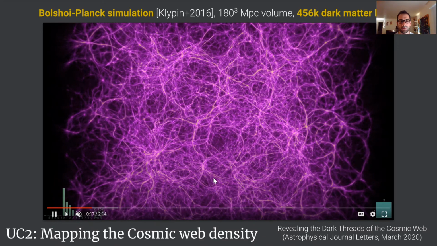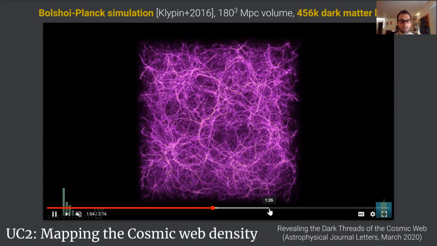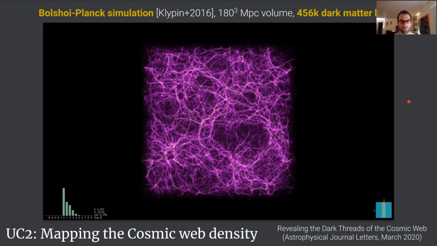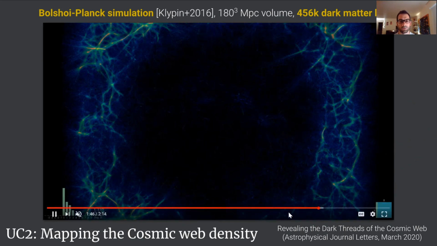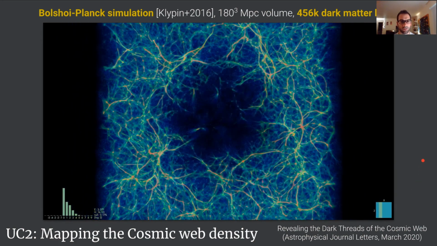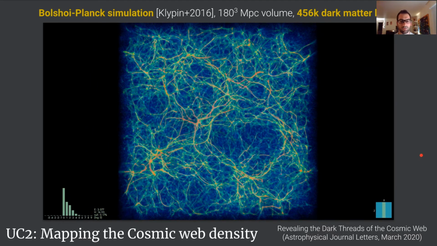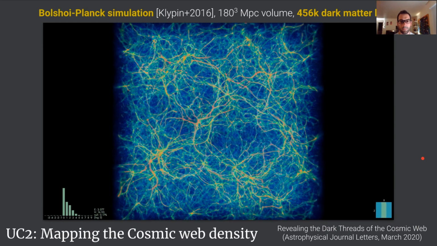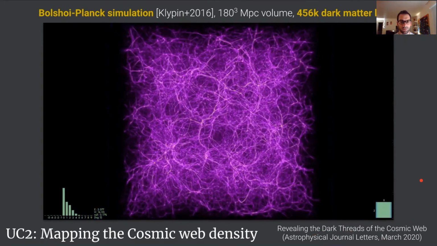And again, what we got here was a very good agreement with the distribution of this data, and because the simulation itself contains a reference density field, we were able to show that you can obtain a reliable mapping from the slime mold to a reference overdensity data. And so this mapping was also used in the same study.